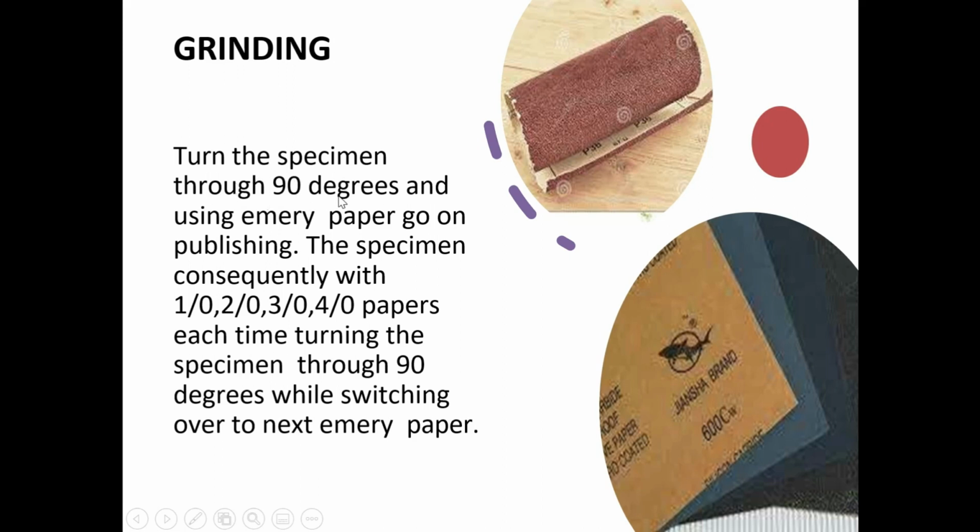Turn the specimen through 90° and using emery paper go on polishing the specimen consecutively with these grade papers, that is 1, 2, 3, 4, each time turning the specimen through 90 degrees while switching over to the next emery paper. The emery paper has different grades, so using 4 to 5 different graded emery papers is suitable for proper grinding, moving from rough to finish, that is coarse to fine.